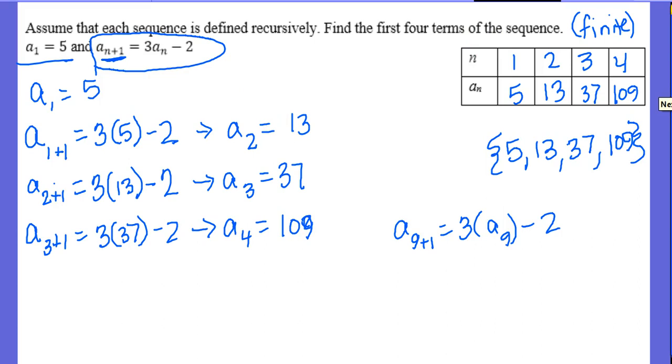So that's recursive. Now we're going to talk about a series. We've been talking about a sequence. Sequences are listed numbers separated by commas. This is a sequence. It could be finite. It could be infinite. And it always has a domain 1, 2, 3, 4, 5. Okay, so what is a series? What the heck is a series?